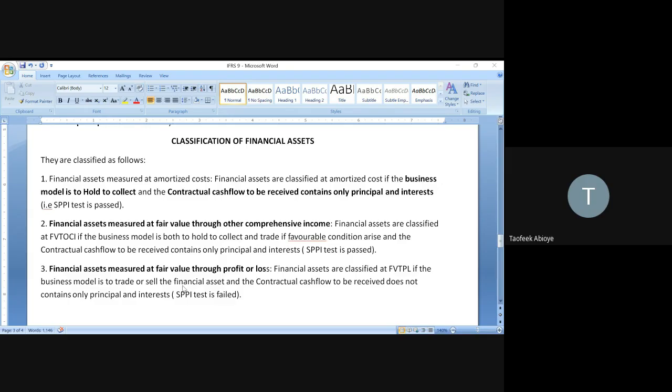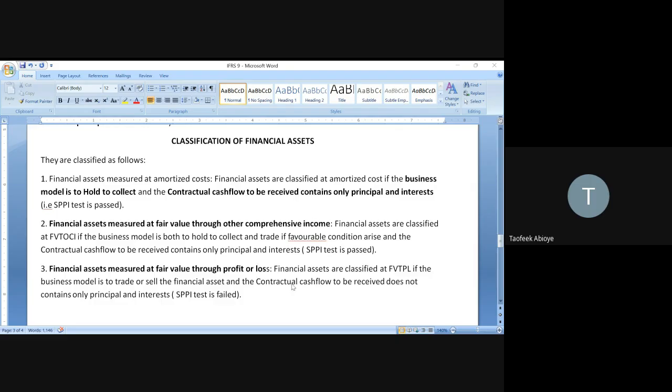But if the business model is to sell, and my SPPI test is passed, please classify as fair value through P or L. When it is to sell, you classify as fair value through P or L.